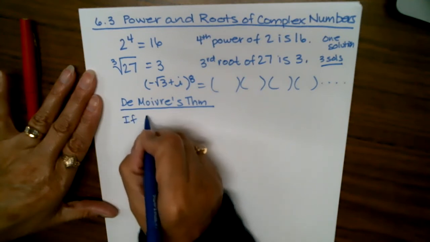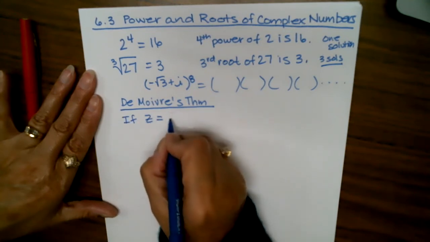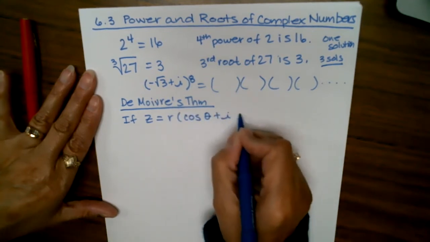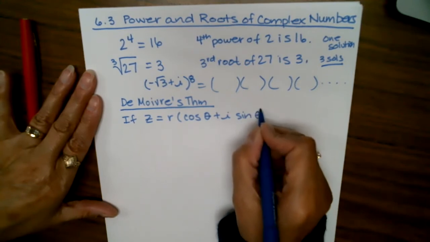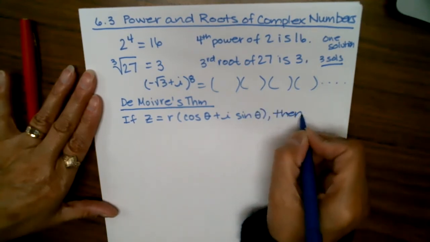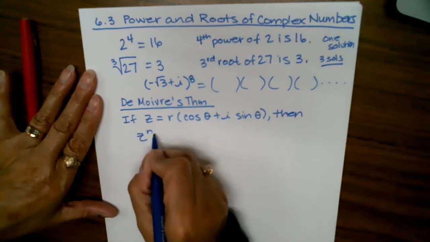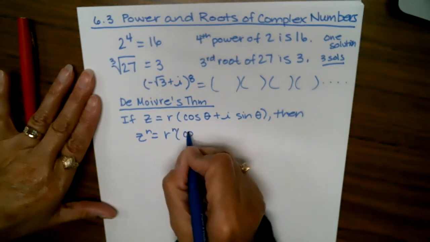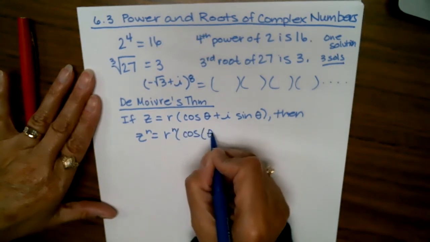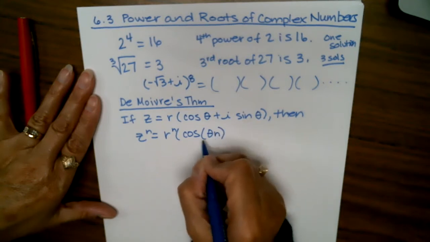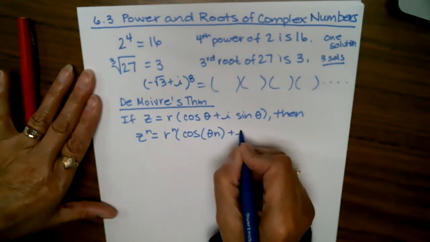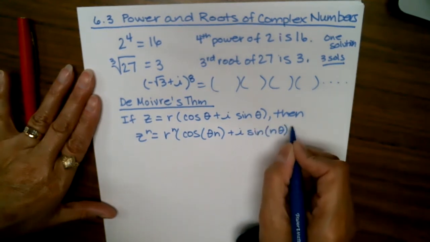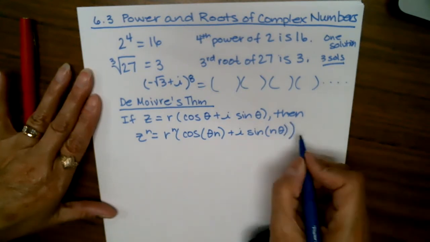If you have a complex number in trigonometric form and you want to raise it to a power, then that number to the nth power is r to the n times the cosine of that angle times n, or n theta, plus i times the sine of n theta. Those can be written either way. And that is how you find it.